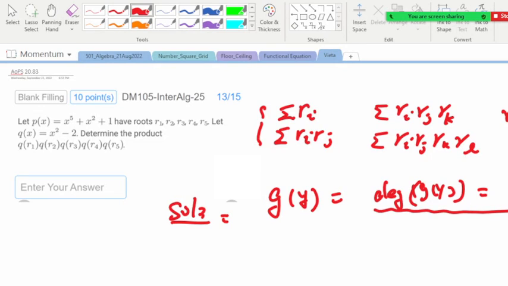Think about it. When you plug in y equals x squared minus 2, shouldn't it be 10? Jonathan, what do you think? What do we expect the degree of g(y) to be?